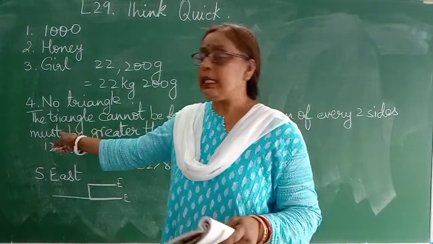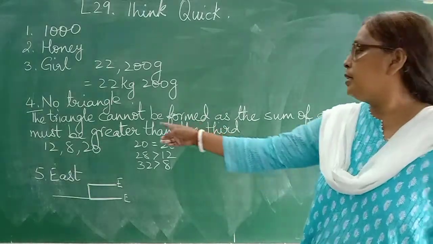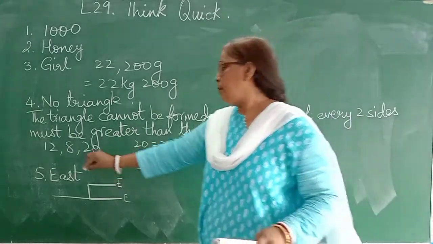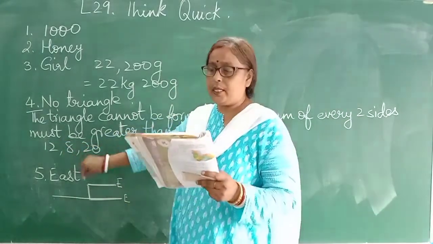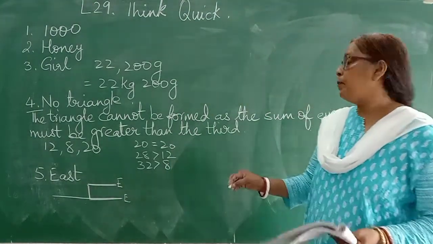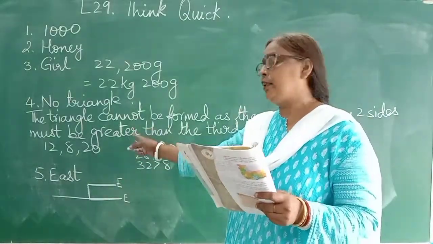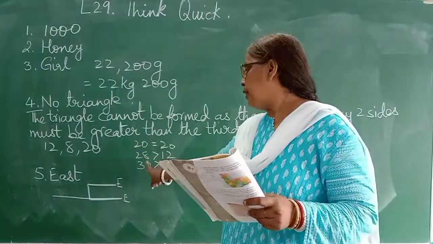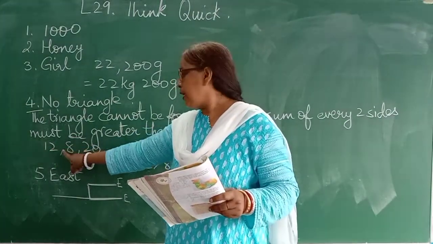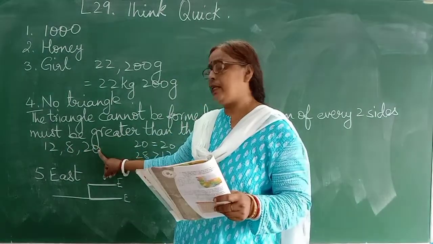Because the triangle cannot be formed as the sum of every two sides must be greater than the third. अगर साइड्स हमारे पास 12, 8 और 20 सेंटीमीटर दिया हुआ है, अब उन्होंने क्या कहा है, ट्राइंगल फॉर्म करने के लिए दो साइड के सम्स जो है वो ग्रेटर होना चाहिए थर्ड से. दो के दो ग्रेटर बन रहे हैं 20, लेकिन तीसरे वाले का 12 plus 8 20 becomes equal to the third side 20.